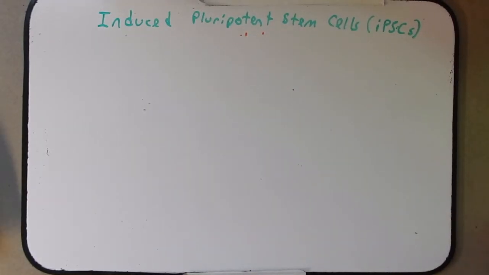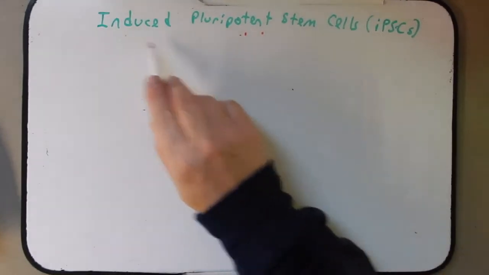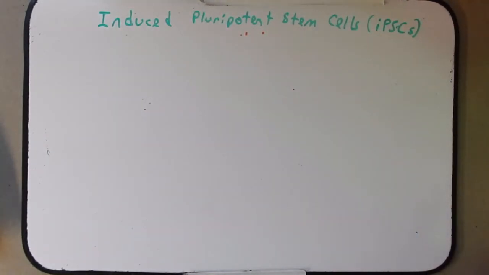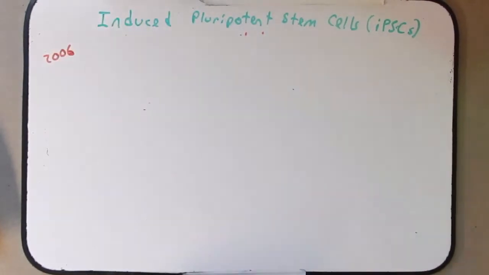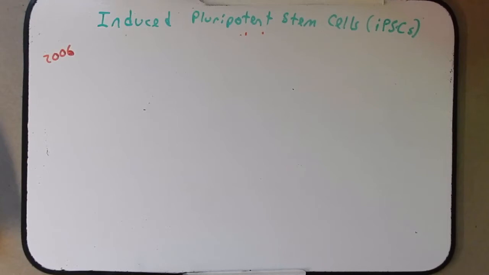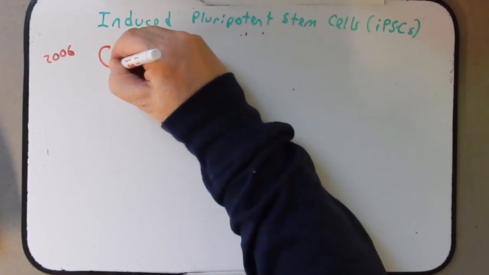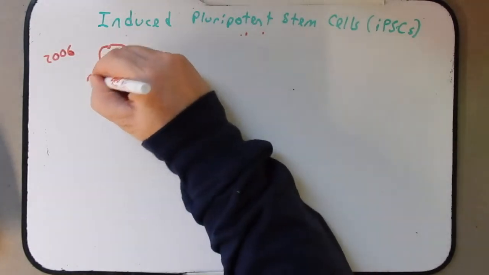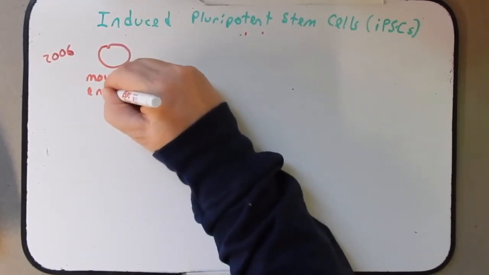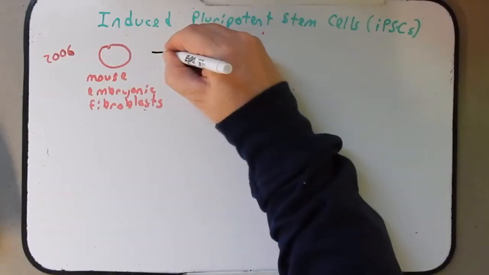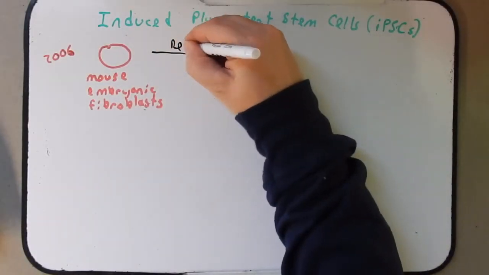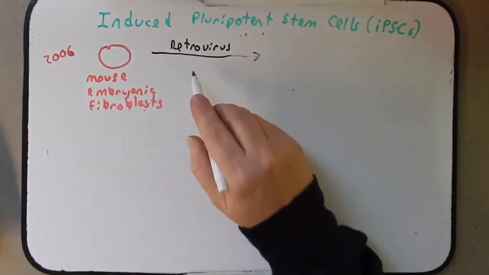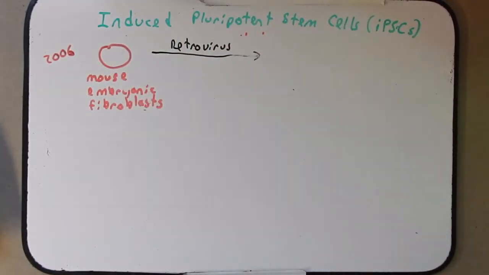So I'm going to describe for you a few different ways that we have created these iPSCs. The first was back in 2006. This was the first documented evidence of producing these cells. And essentially what we're going to do is we're going to take a somatic cell and make a pluripotent cell out of it. But in this first experiment, they used mouse embryonic fibroblast cells. They then added to these fibroblast cells a retrovirus, which are very useful tools to deliver specific genes to cells.